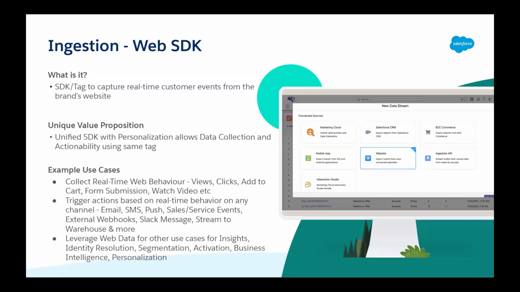The first one is the Web SDK, also referred to as the Salesforce Interactions SDK. This enables developers to capture interactions for both known and pseudo-anonymous website visitors, and then store these web events in Data Cloud.